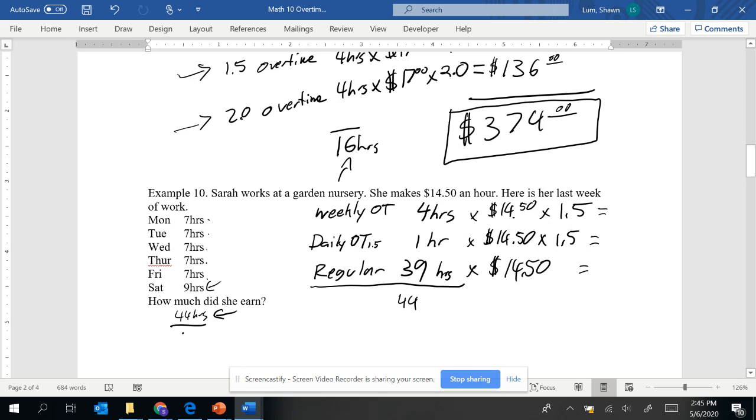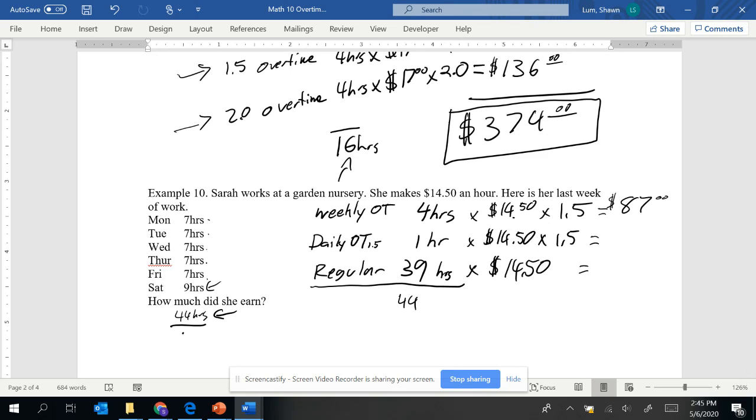So we're going to do the top one first: 4 times 14.5 times 1.5 equals 87. So it's $87 for that one right there.